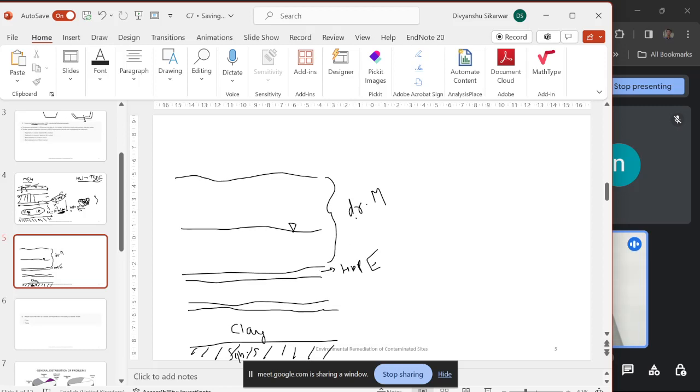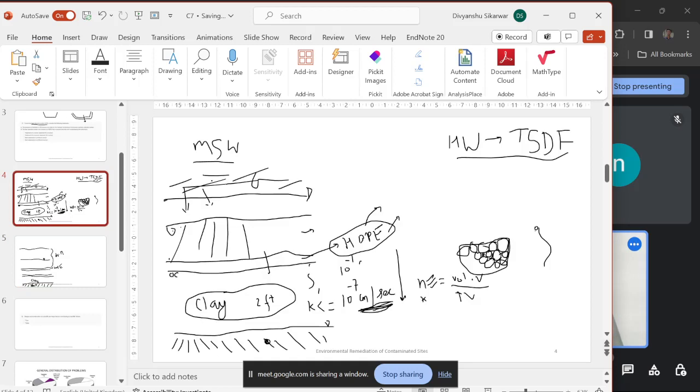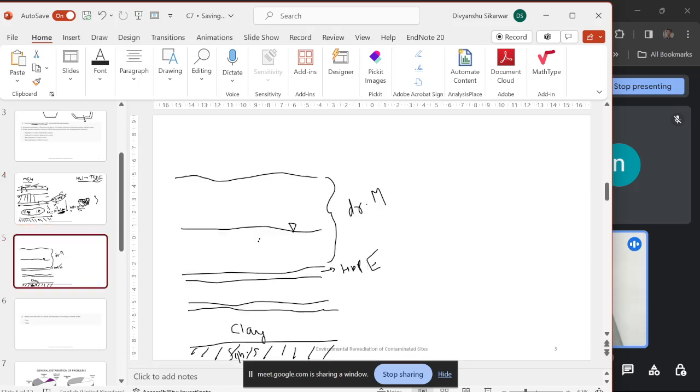So these components we already have in the single liner, right? We discussed that all these materials are also available here.